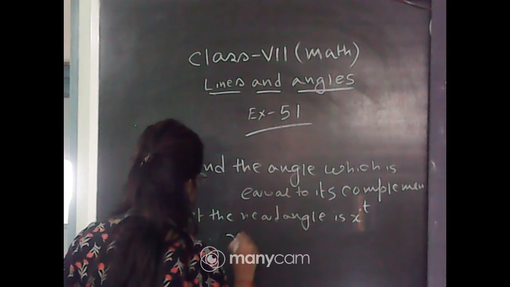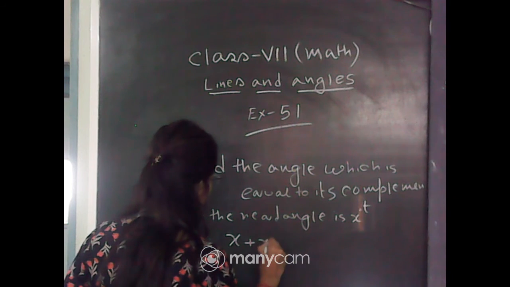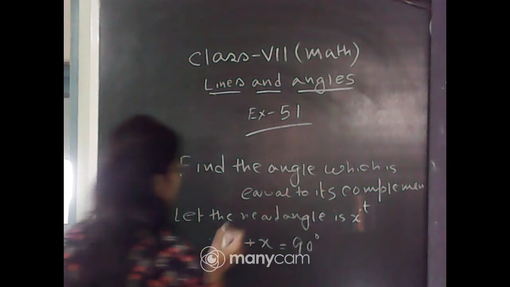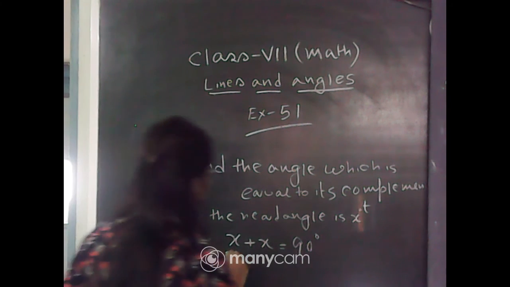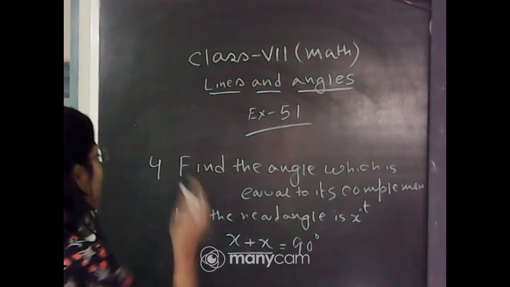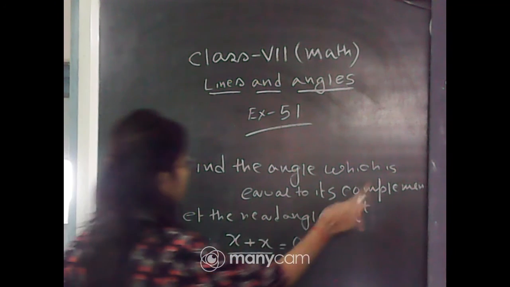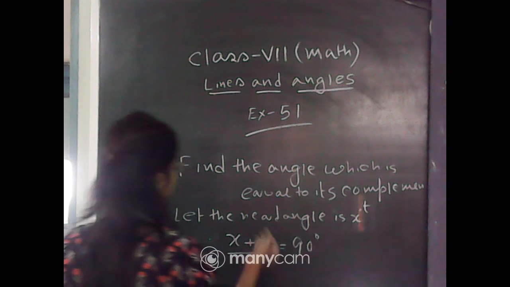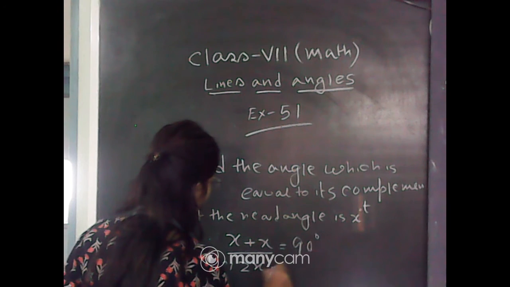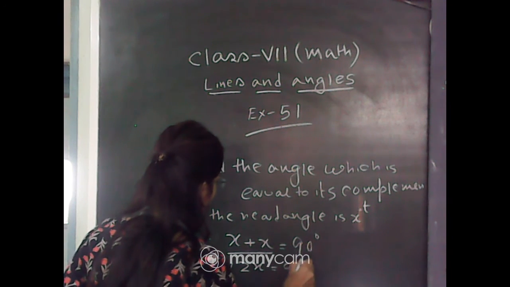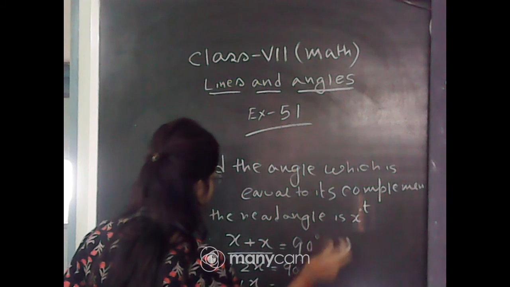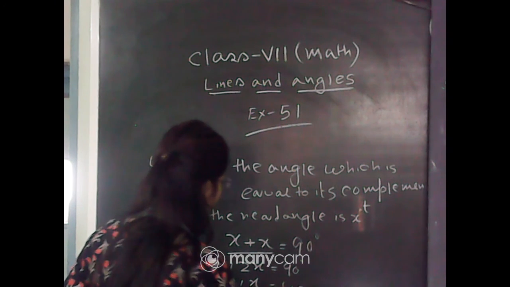Therefore, x plus x is equal to 90 degree. Here both angles are x because it is given that the angle is equal to its complement. So, 2x is equal to 90, or x is equal to 45.